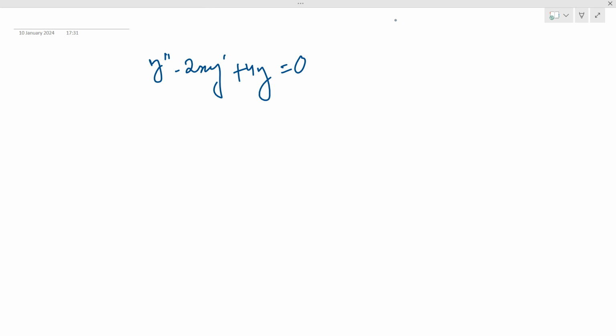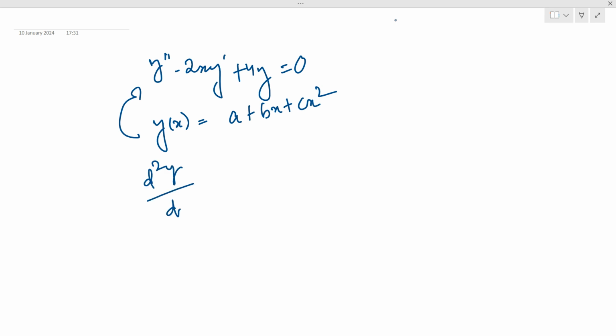Okay, so what is the question? Its solution is given as a plus bx plus cx square. So which is correct? Okay, what do I do? Let's directly put it. Let's see what happens.